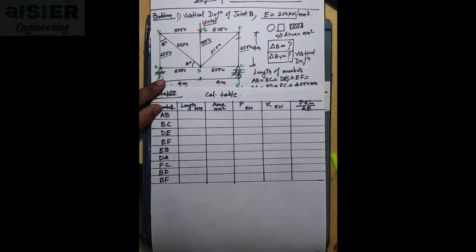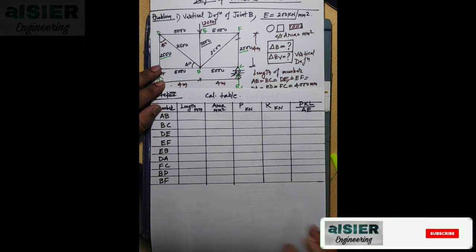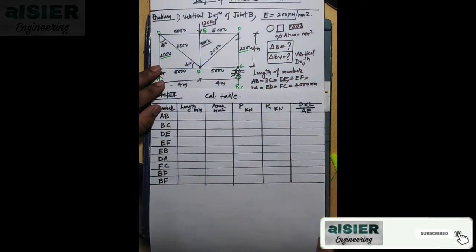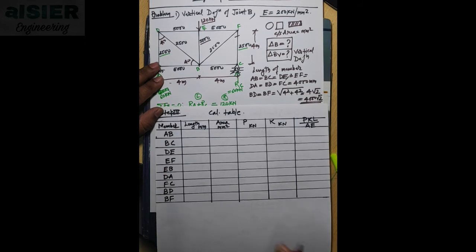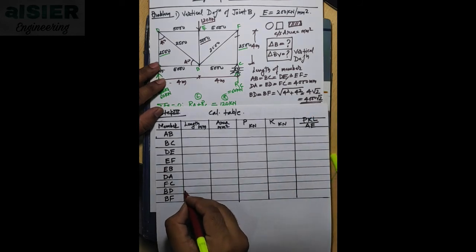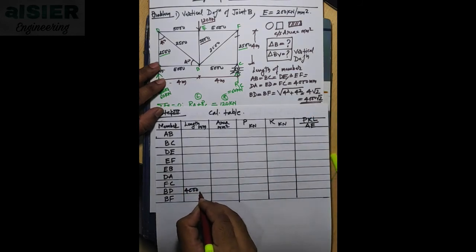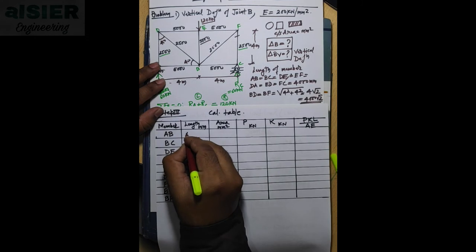Then we will write down the length of each member. Only the inclined members have a different length, and it is 4000 root 2. So 4000 root 2 we will write down here and 4000 root 2, and for all others it is 4000.